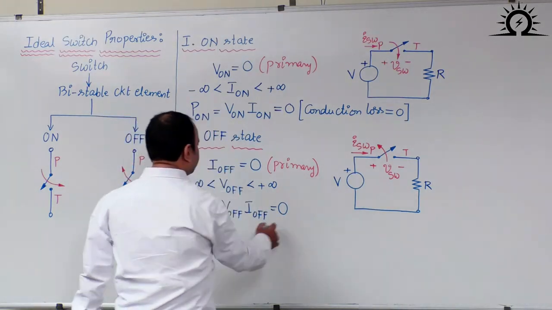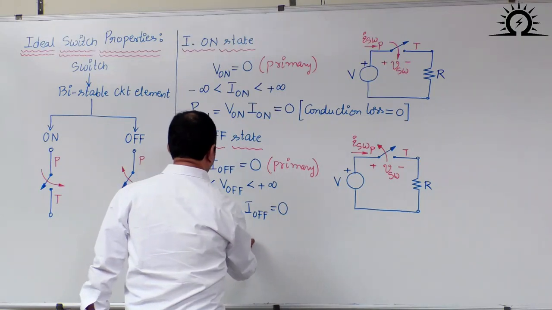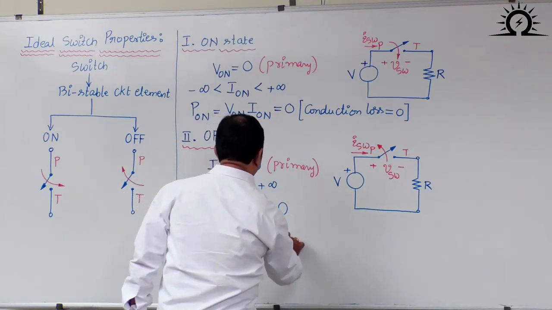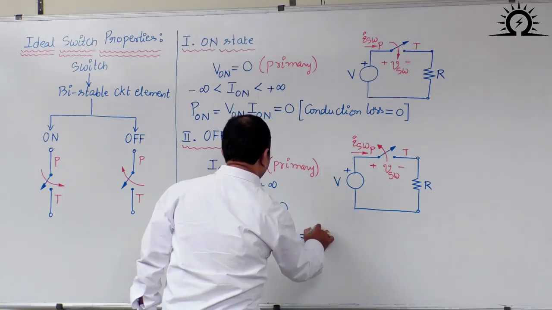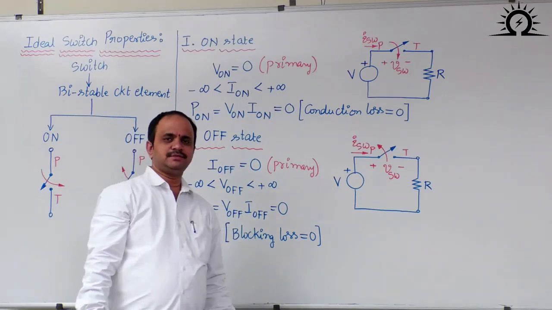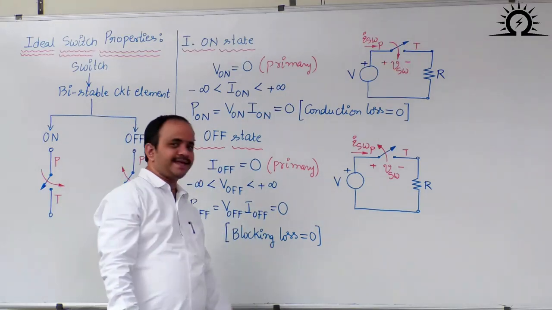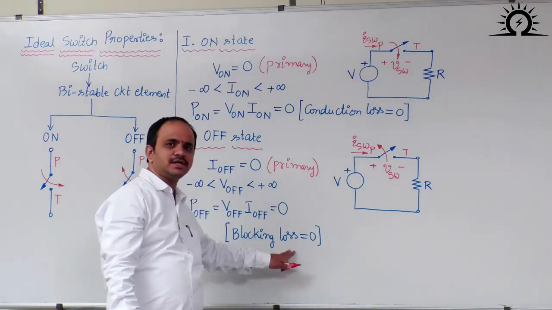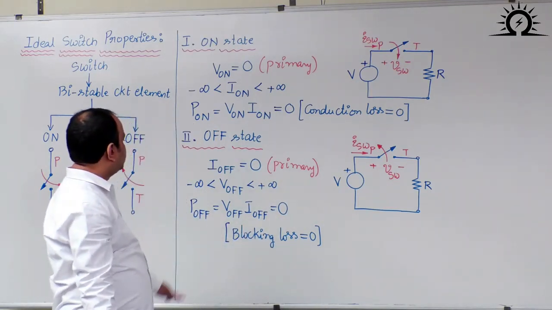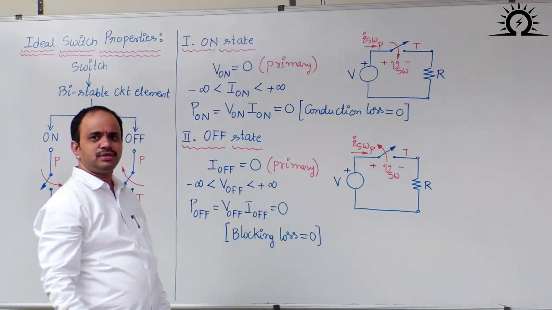So this particular power loss is known as blocking loss. What is the reason for this blocking loss to be 0? That is because of 0 current flowing through the switch.